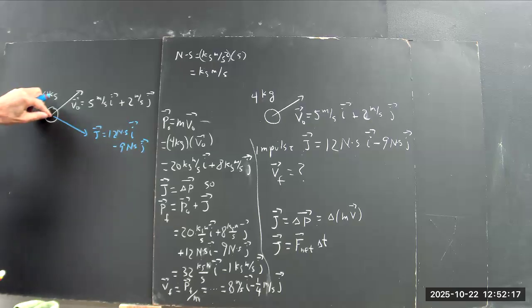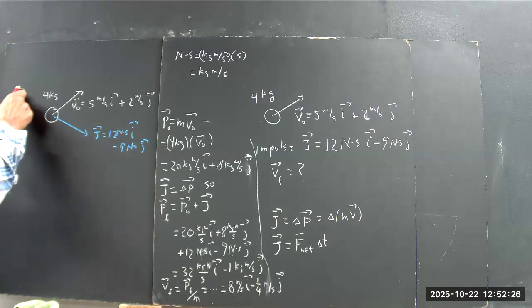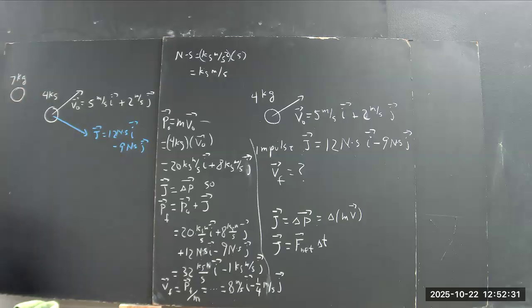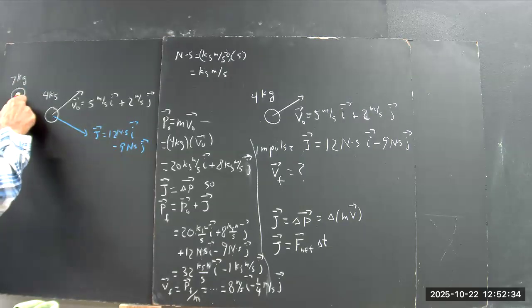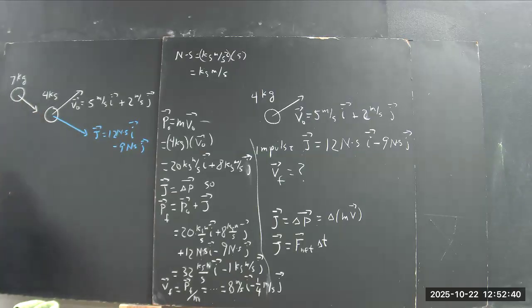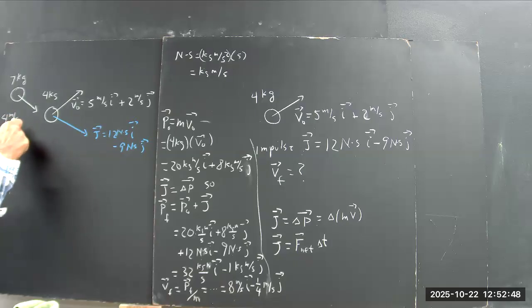Okay, now let's say that this impulse comes about from a collision with a 7 kilogram mass in this direction with a velocity of 4 meters per second times i minus 3 meters per second times j.